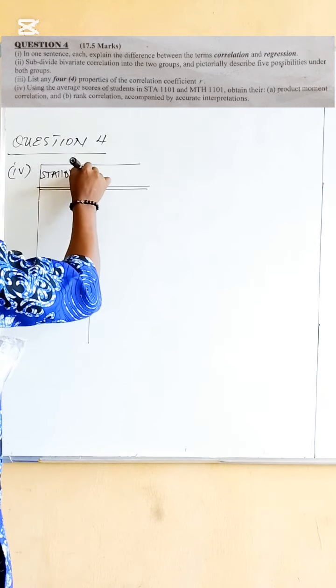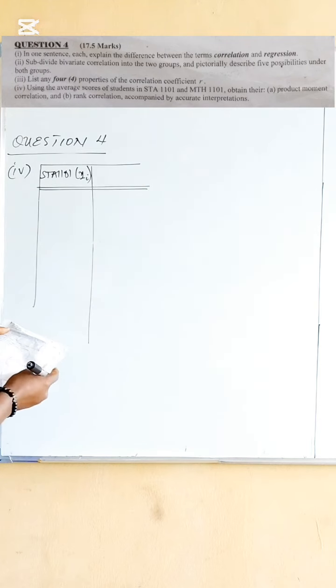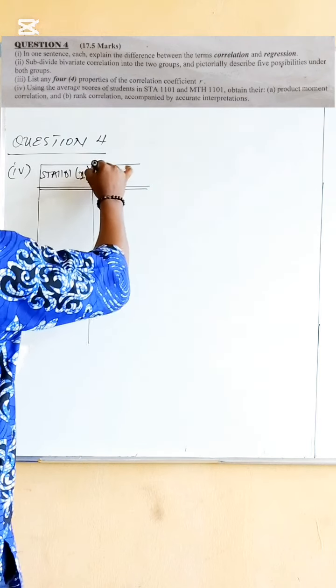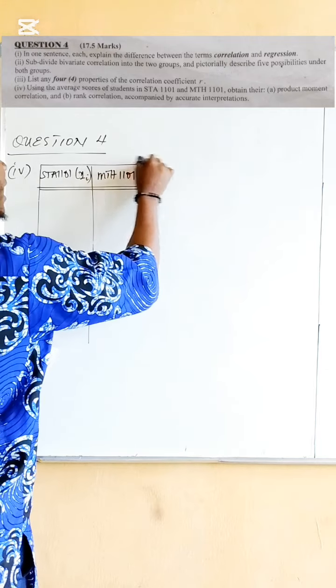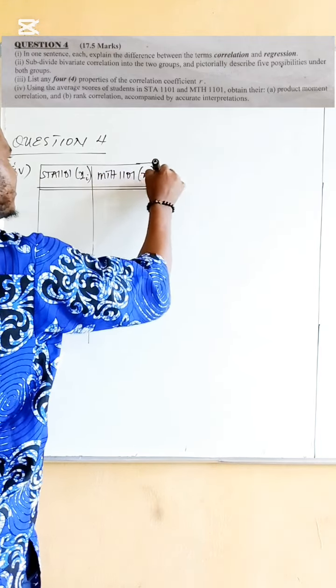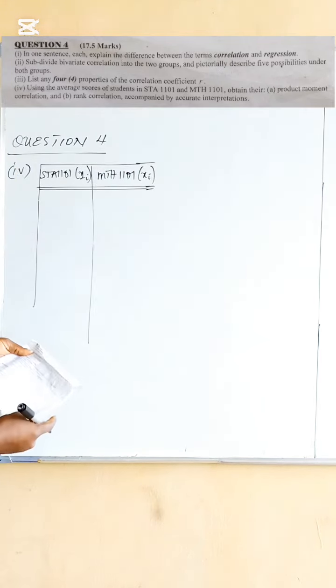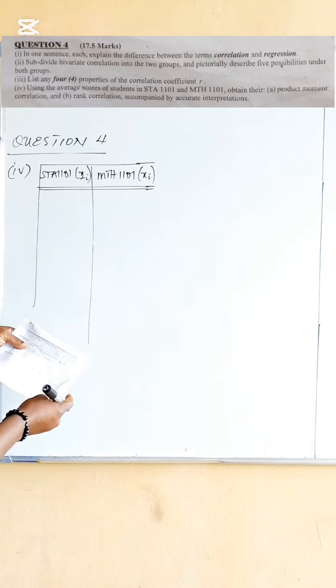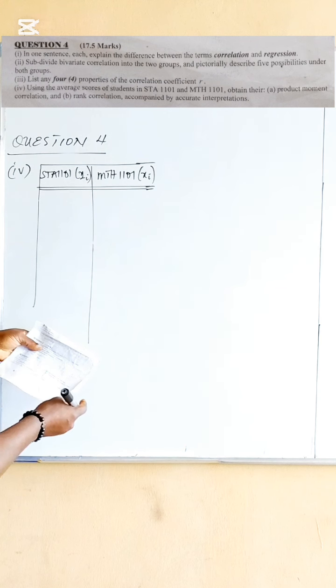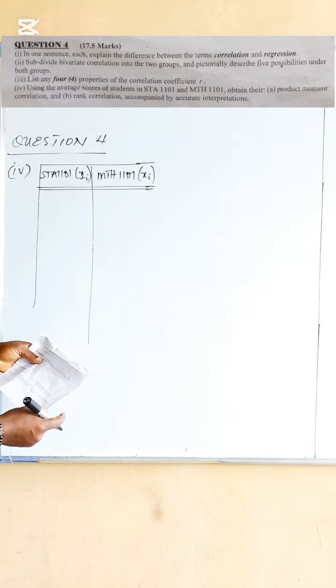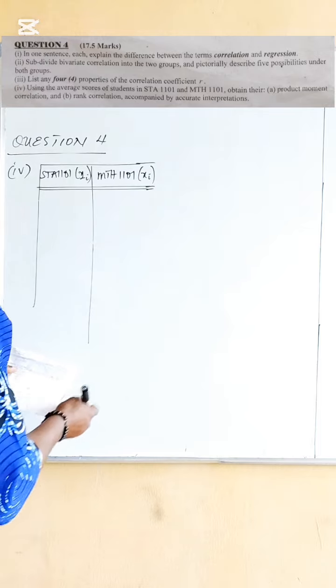Recall we call this our Yi. And MTH 1101, recall that we call this our Xi. Now, we are told using the average scores of students in STA 1101 and MTH 1101, obtain their A, product moment correlation, and B, rank correlation, accompanied by accurate interpretation.